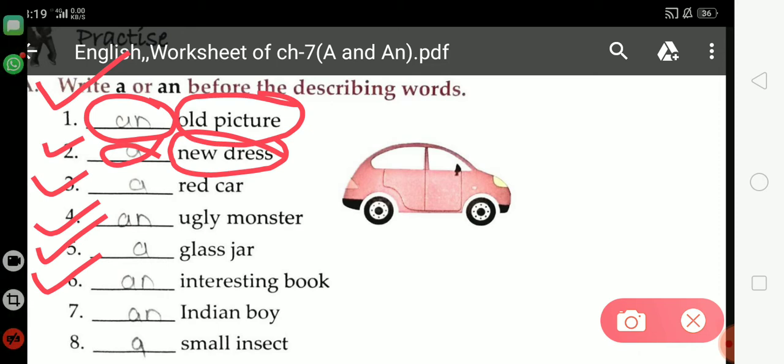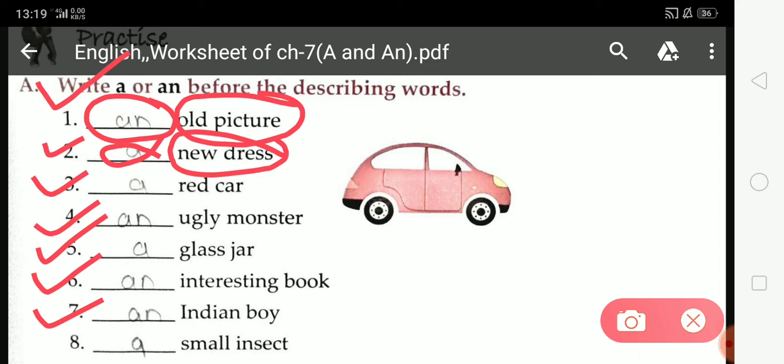Now come on, seven, Indian boy. In Indian boy, I is a vowel, so student, we have to use an before the Indian boy, and here an is already written. Now come on, eight, small insect. In small insect, S is a consonant, so student, before the small insect we have to use a.